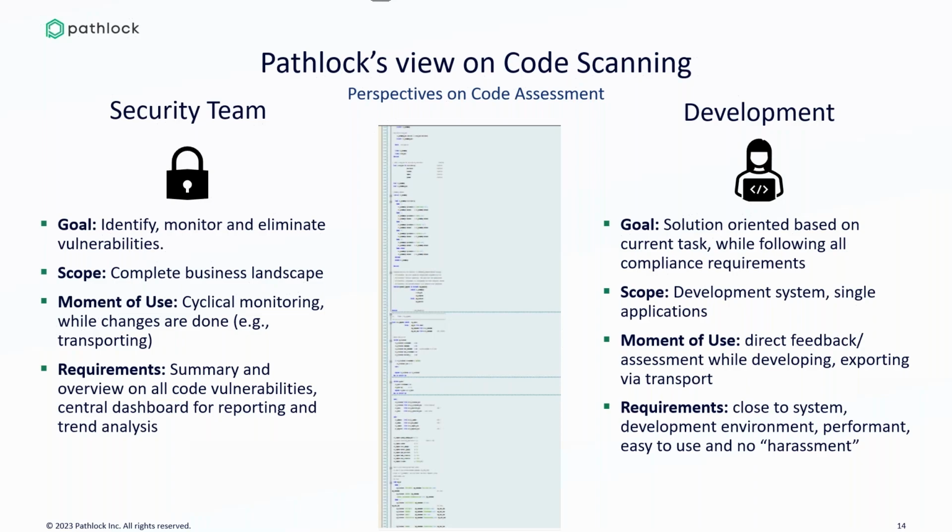When do you want to use a code scan tool? Most likely for cyclical monitoring, and maybe also if a change is transported into the production landscape, so that you can have results before a transport is imported.